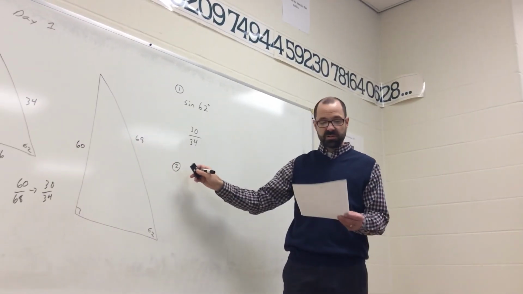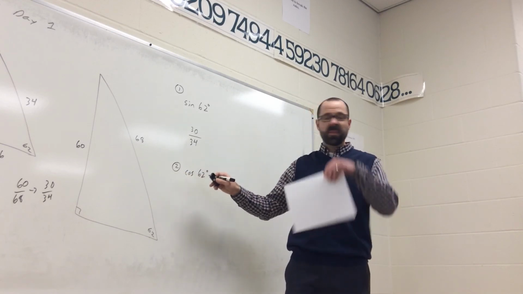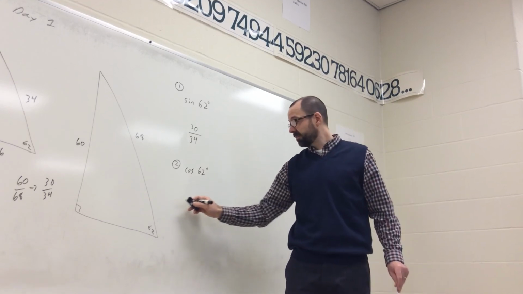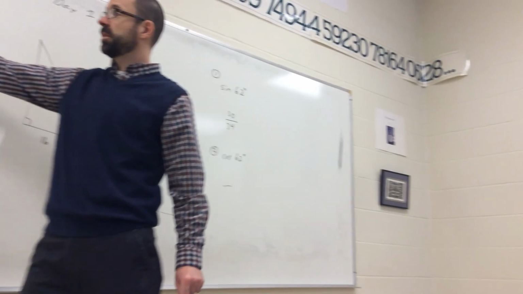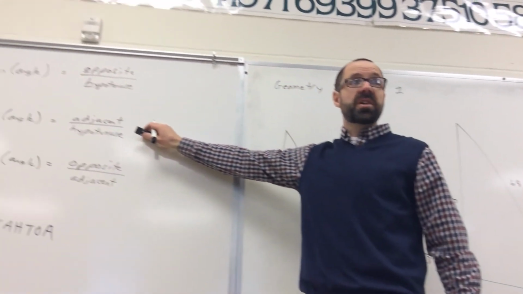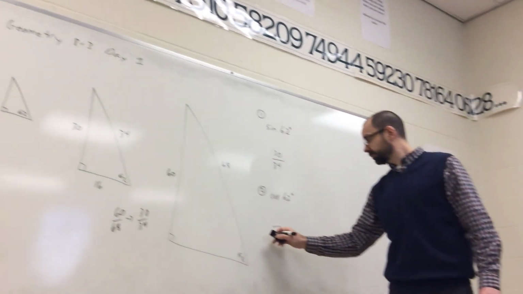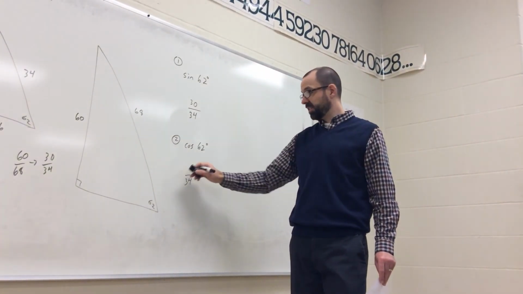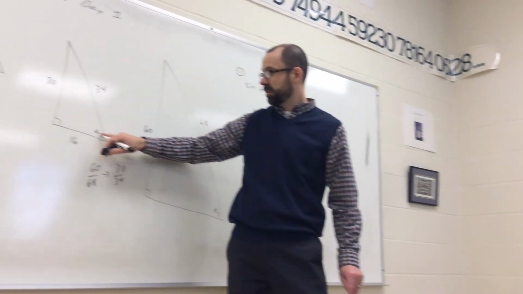Okay, number 2 is asking for the cosine of 62. So the cosine fraction, well, it's a fraction first of all, right? Hypotenuse still goes on the bottom, so 34 is on the bottom. But this time adjacent needs to go on top. So let's look at 62.